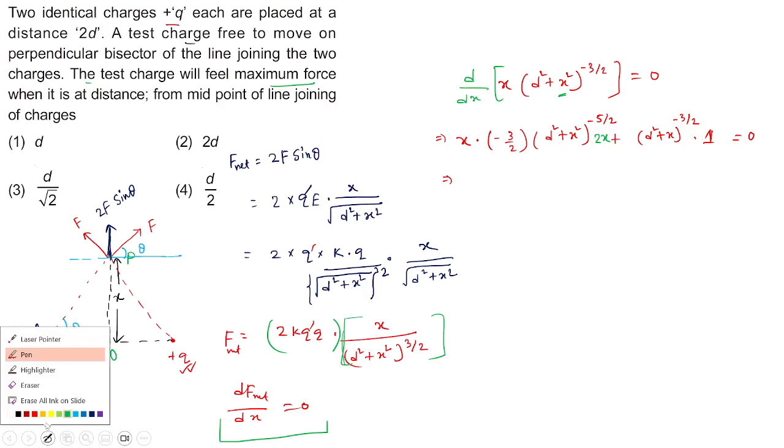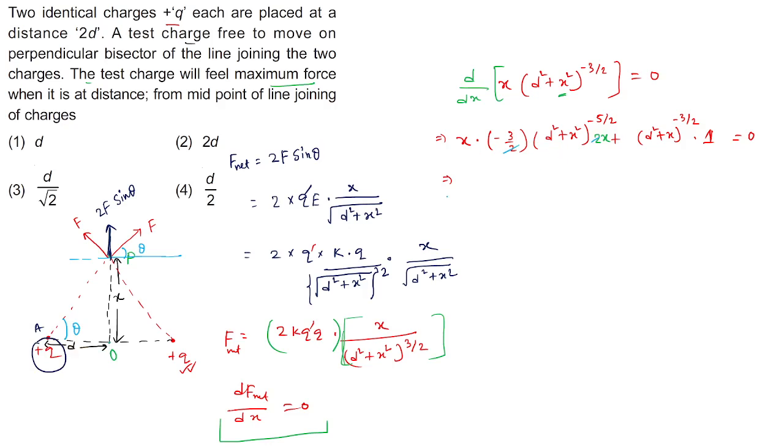So what will be the next line? These two cancel out, x and x give x square, into d square, and here a 3 is there, d square plus x square whole to the power minus 5 by 2. A negative sign is there; when this term goes to the right side, the negative will not be there, so this will be d square plus x square whole to the power minus 3 by 2.